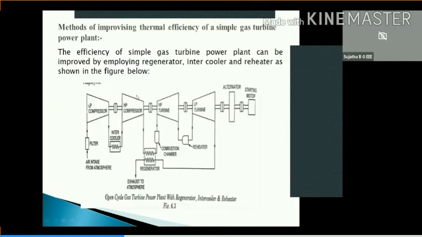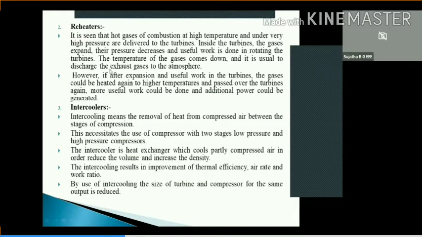That's what you have, this reheater in between the turbines. So this is the role of the reheater. After expansion and useful work in the turbines, the gases could be heated again to a higher temperature and passed over the turbines so that more useful work can be done and additional power can be generated. So this is the significance of the reheater.